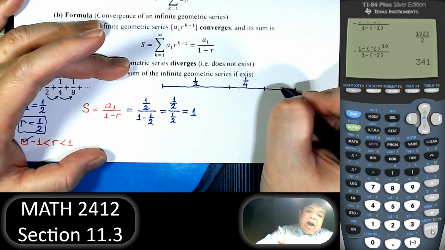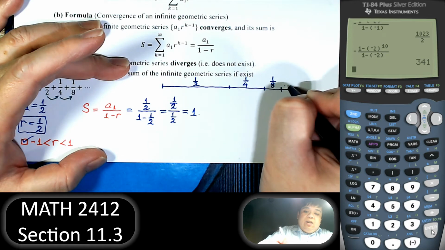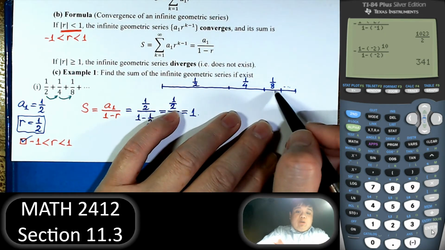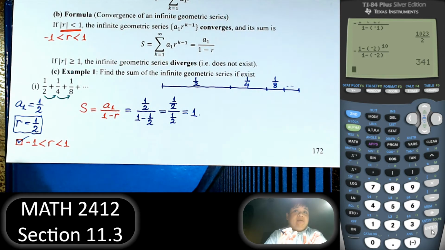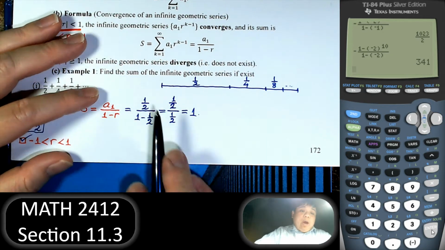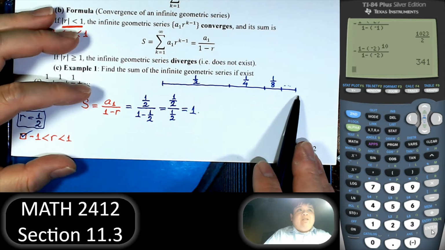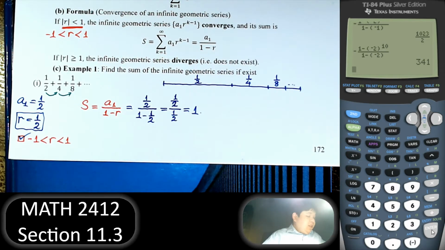And then we travel half of the remaining distance, 1/8, and so on. Doesn't matter how close we are to the target, that distance can always be cut in half. So we just cut in half, in half, in half, indefinitely. But if we add all of them up, essentially, we will travel the whole distance. So that's the idea. That's why the sum is equal to 1. That makes perfect sense here.